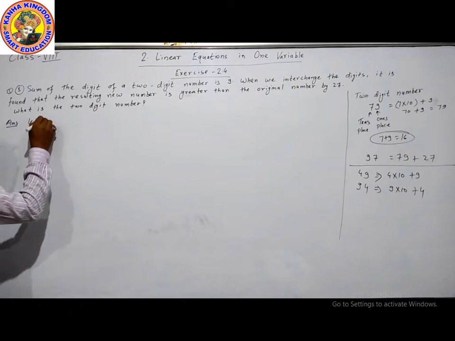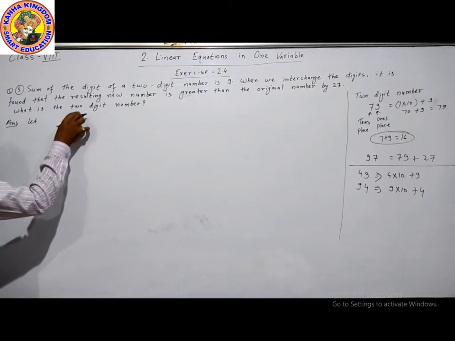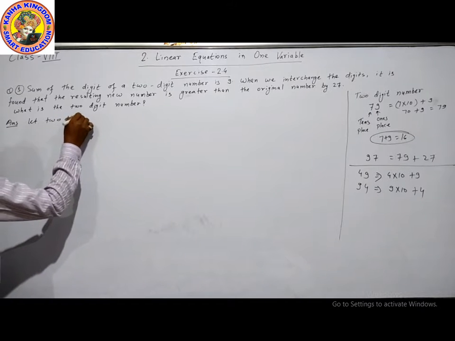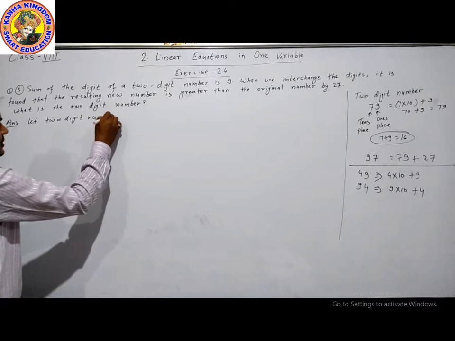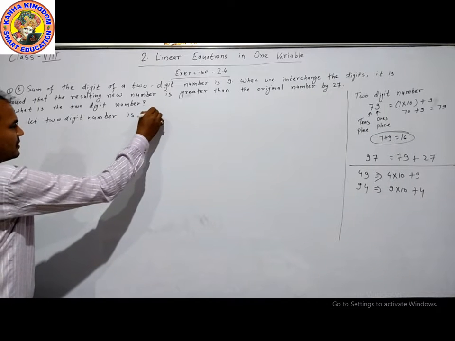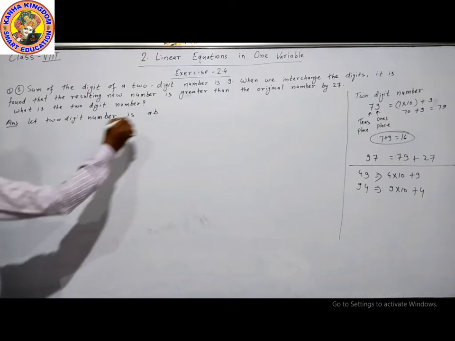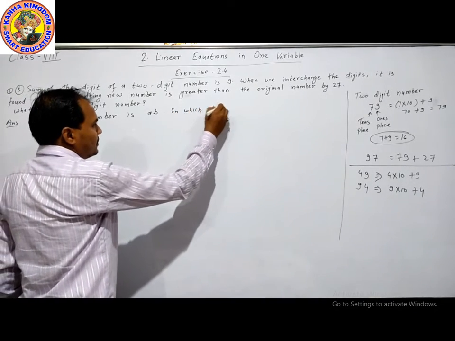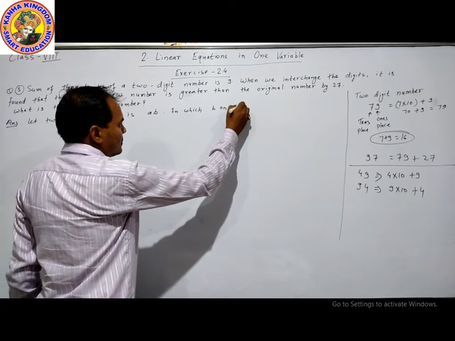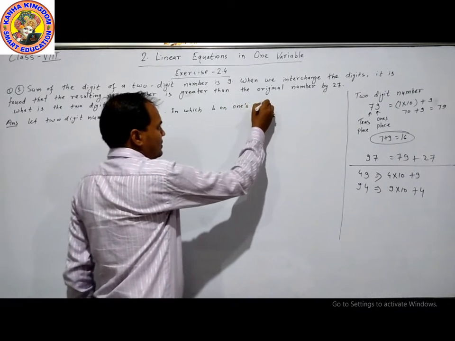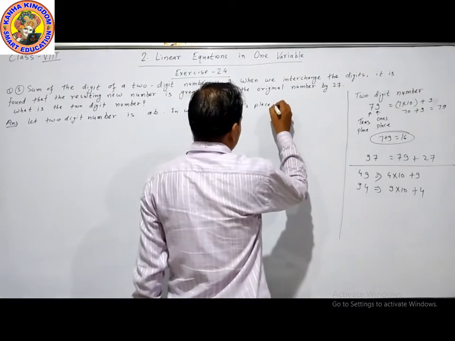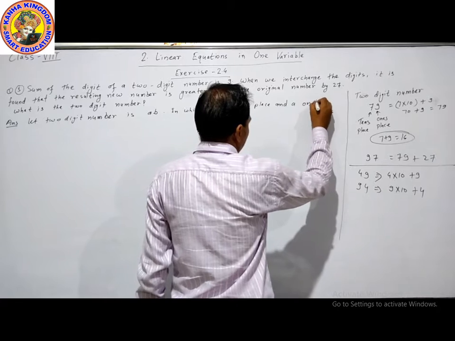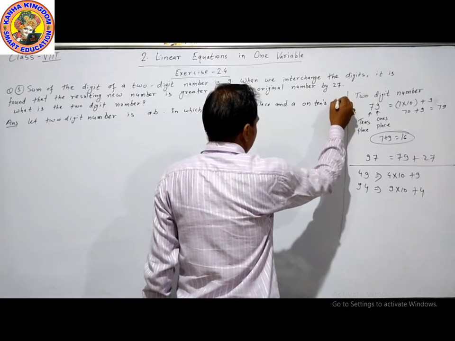Let the two-digit number be AB, in which B is on the ones place and A is on the tens place.